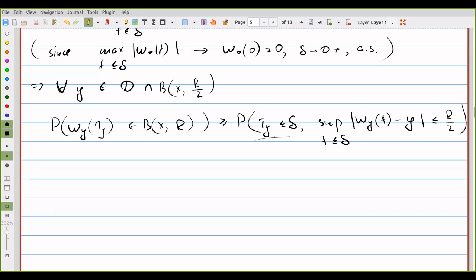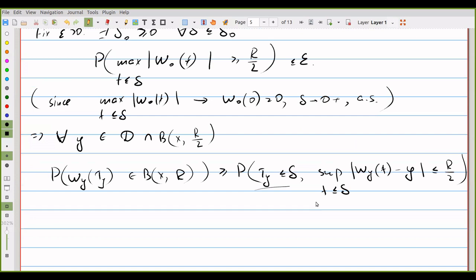So this is an additional restriction: we know that it leaves our D in some proximity of x. Here is y, here is x. But now we also put additional conditions that it doesn't even move very far from the starting position.